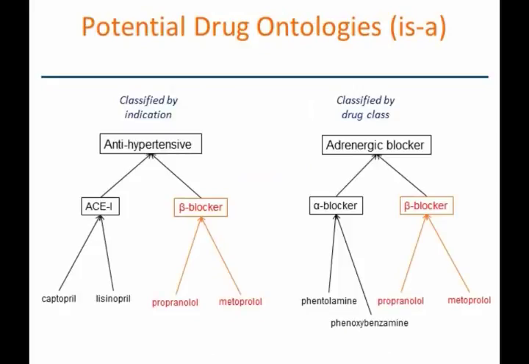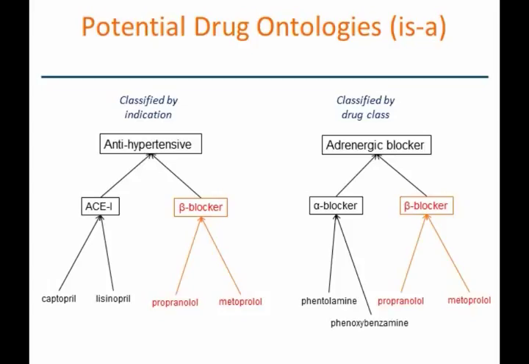There are potential drug ontologies that would be useful. These are not available, and I thought you might just be interested in hearing about two different approaches. Drugs can be classified in one of two different ways. And just go back to the ontology that we discussed with the lab test.